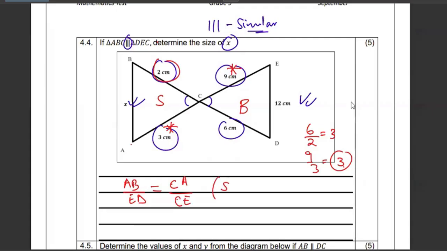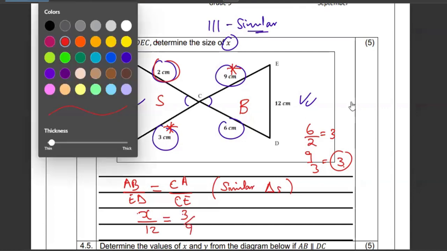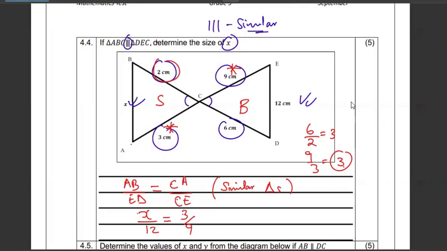The reason, you can say sides in proportion or similar triangles. Our AB is X over 12 is equal to the CA, which is 3 over 9. So multiply both sides by 12 so that we look for the value of X. So times 12, times 12. This cancels that. Then X becomes 36 over 9, which is a 4.